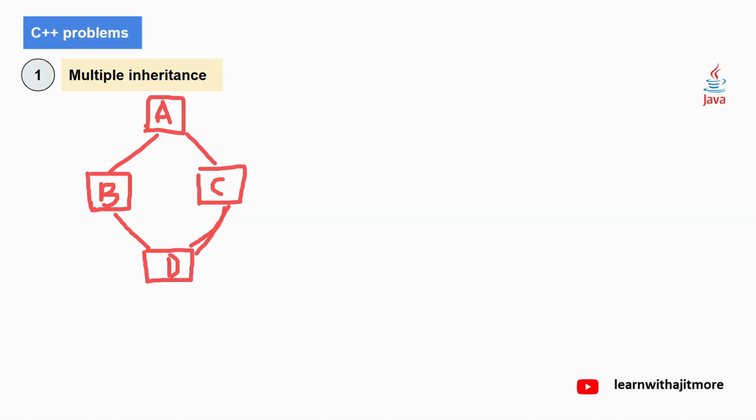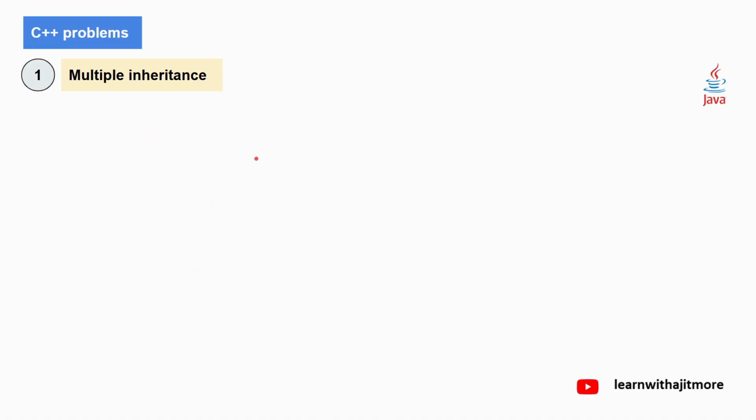But to make that virtual, there are extra overheads to the compiler to manage those virtual parent classes. So I have shown that diamond problem. A parent class, from that two children, and from these two children, the common D class. Okay. So this is one drawback of C++, which they found out.